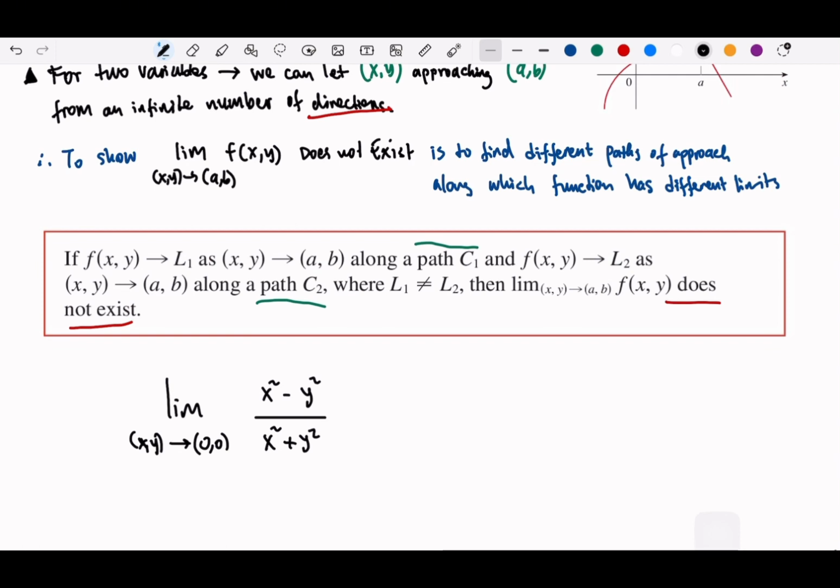Now we need to make the path. We need to design or list any path that is possible and perhaps easy to compute. So we can set the procedure: first is choosing a path, not one path, but maybe several paths.